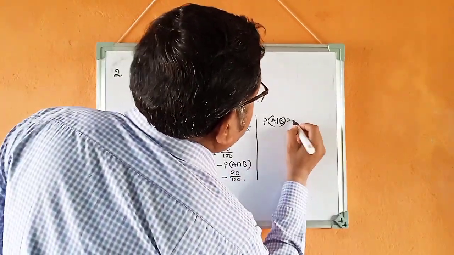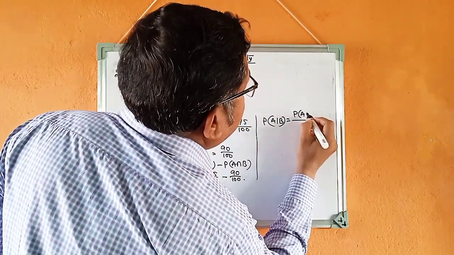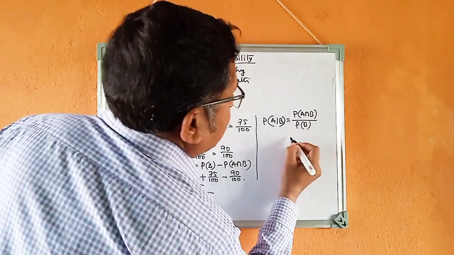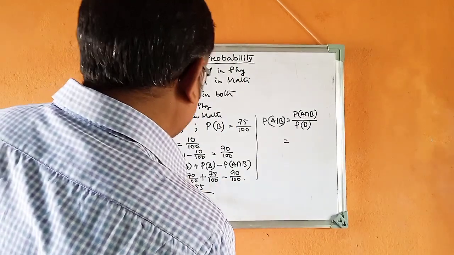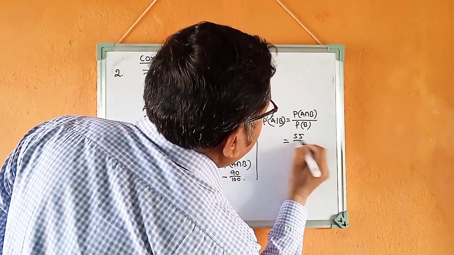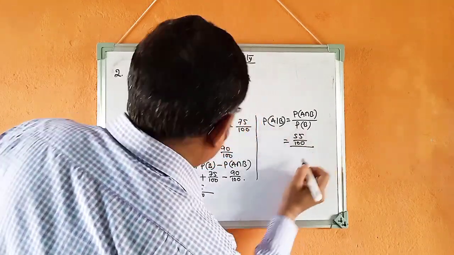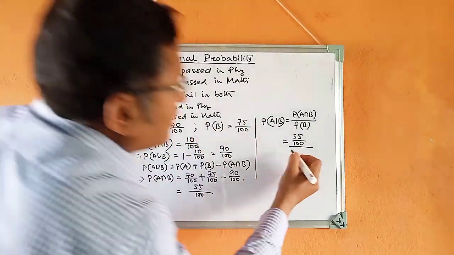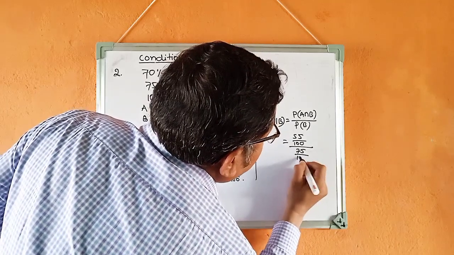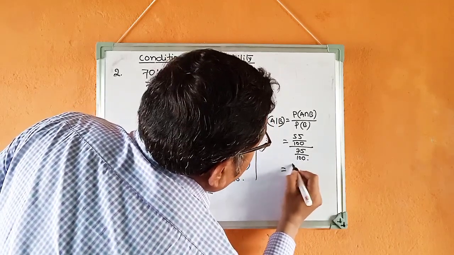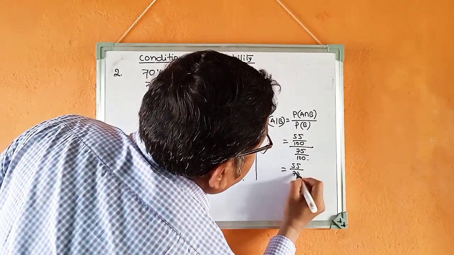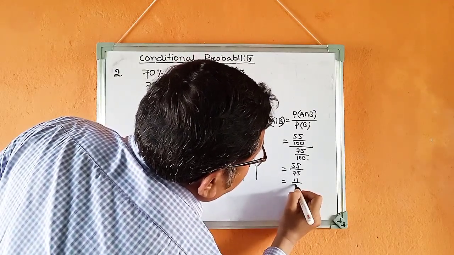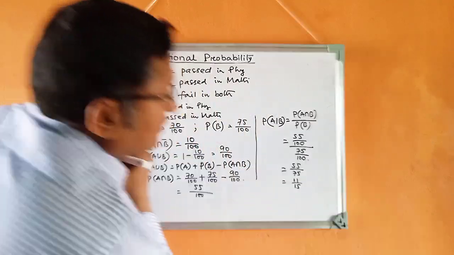P(A given B) equals P(A intersection B) divided by P(B), which is 55 by 100 divided by 75 by 100. After calculation we get 55 divided by 75, so 11 divided by 15.